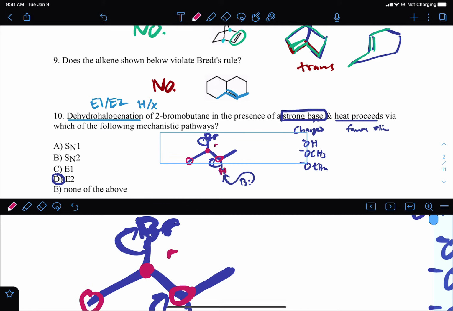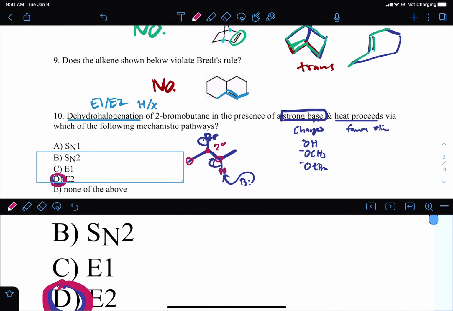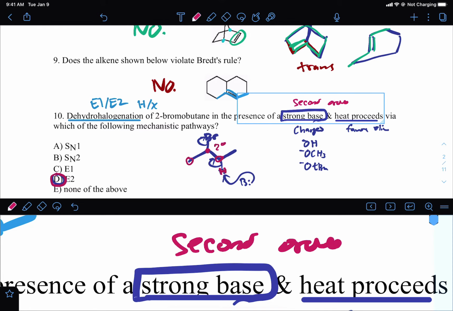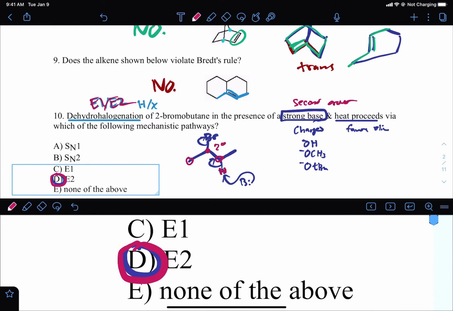So it's secondary. The next question is, do you have heat? And if the answer is yes, then you end up with E2. Okay, so strong base means second order. Dehydrohalogenation means E1 or E2. So they're looking for an E1 or E2, that's second order, which is E2. Okay. I think that's pretty straightforward.